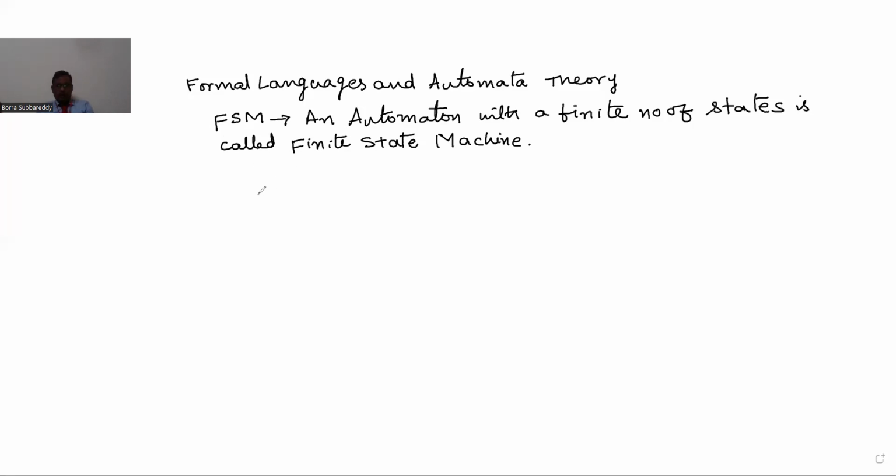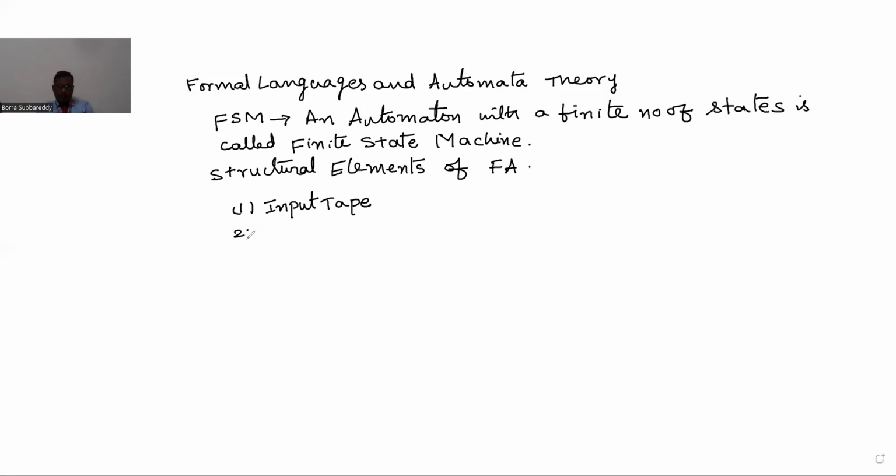So coming to structural elements of finite state machine, next topic is structural elements of finite automata. In the structural elements in finite automata, we have three components. The first is input tape.